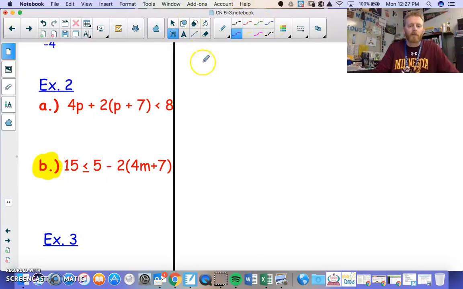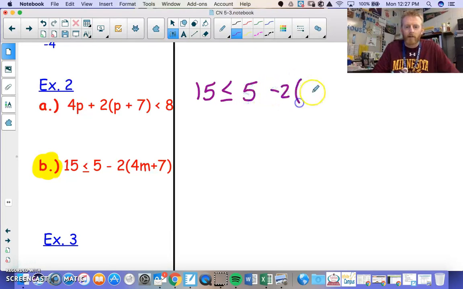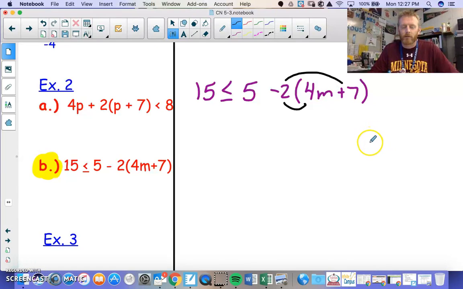Alright, so we're going to look at this particular problem. It has 15 is less than or equal to 5 minus 2 times the quantity of 4m plus 7. So if you remember correctly from previous chapters, our very first job is mostly always to distribute.